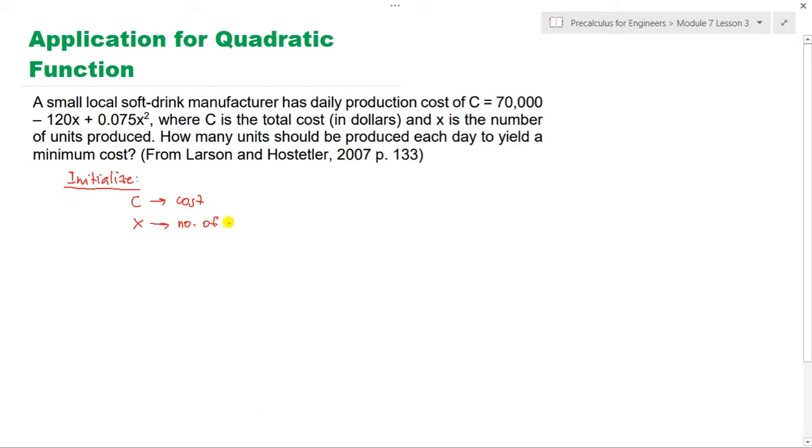Number of units, and then of course we have a given function that relates the cost and the number of units of soft drinks. So that is C is equals to 70,000 minus 120x plus 0.075x squared. So the given is a quadratic function because the degree is 2.